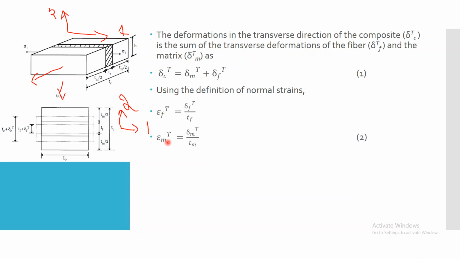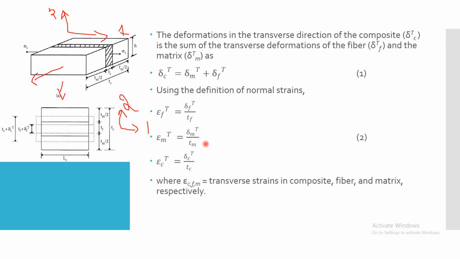Similarly, strain in the transverse direction for the matrix is delta M superscript T divided by t M, thickness of the matrix. And similarly for the composite also, delta C T divided by t C, where these strains are the transverse strains in the composite, fiber and matrix respectively.